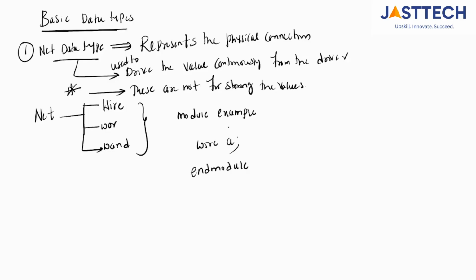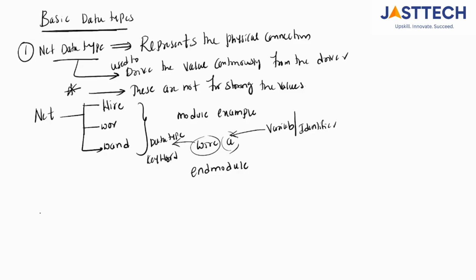So this is wire A. This is my variable, or identifier, and this is the data type. This wire is a keyword. Last class I told you around 150 keywords are there. So this is one data type, and this is a keyword, so we can't use it anywhere else.